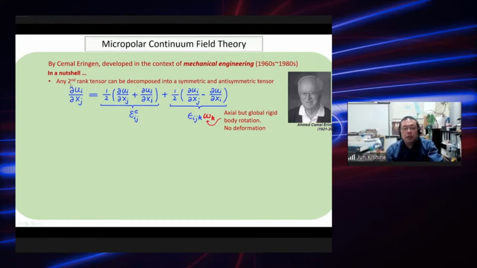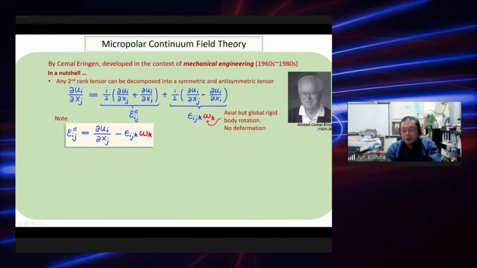Any second rank tensor can be decomposed into the symmetric and anti-symmetric parts like this and like this. However, when you write this, omega k, a rotational part dependent on u, this rotation cannot enter the energy density. This is quite a well-known fact in elasticity theory.